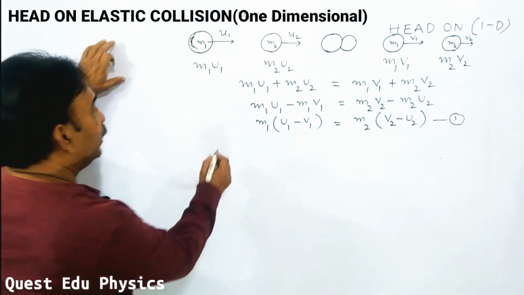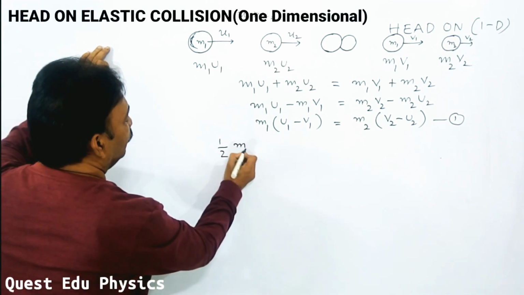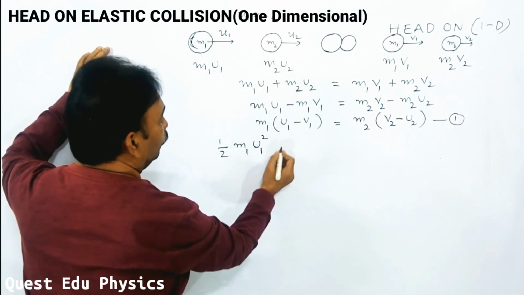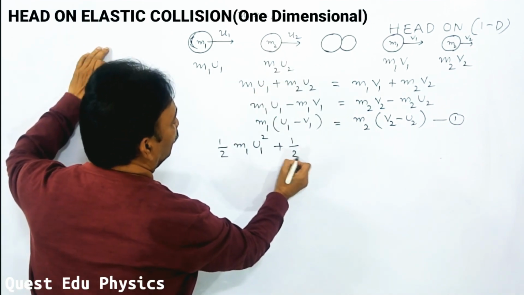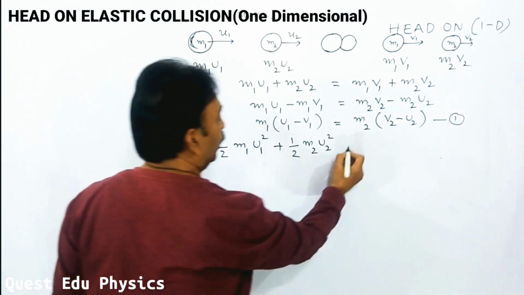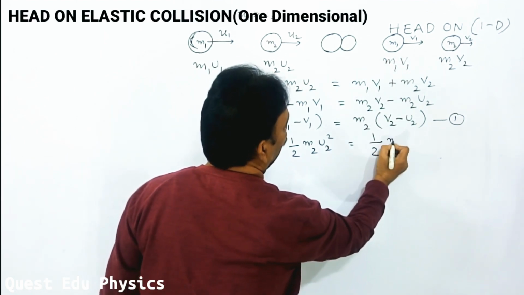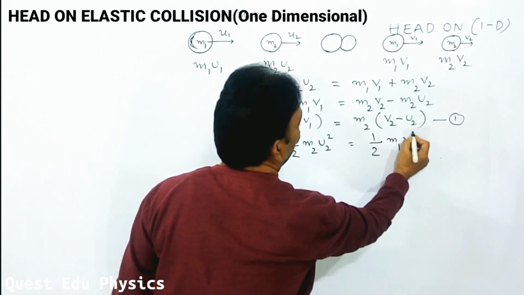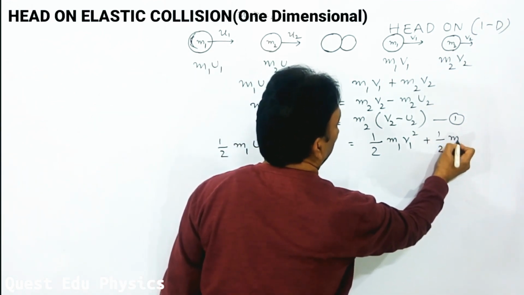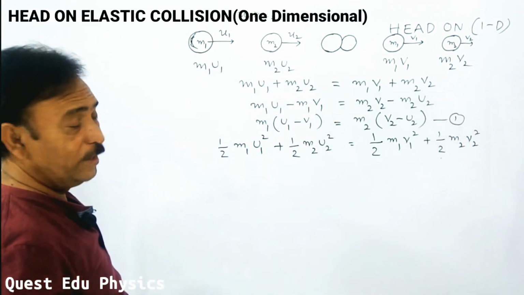It means half m1 u1 square plus half m2 u2 square is equal to the final kinetic energies, half m1 v1 square plus half m2 v2 square.